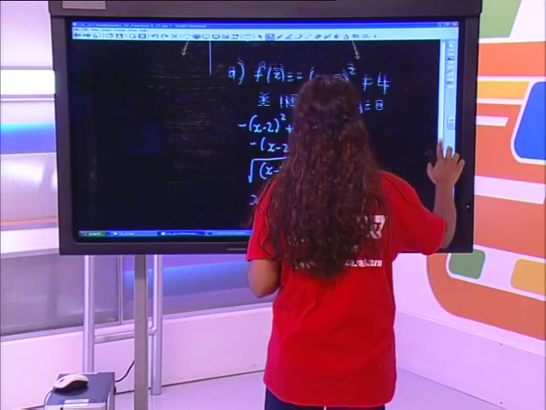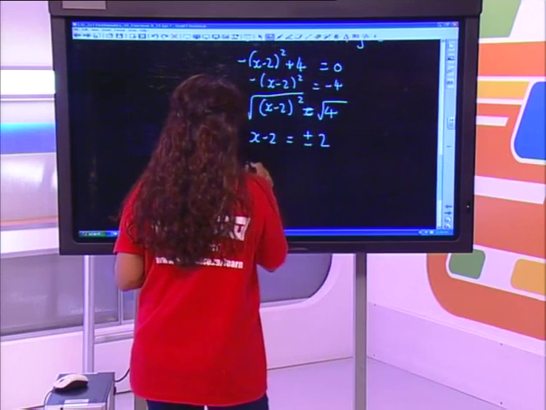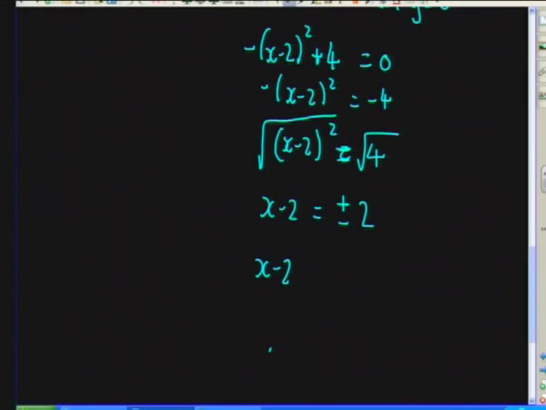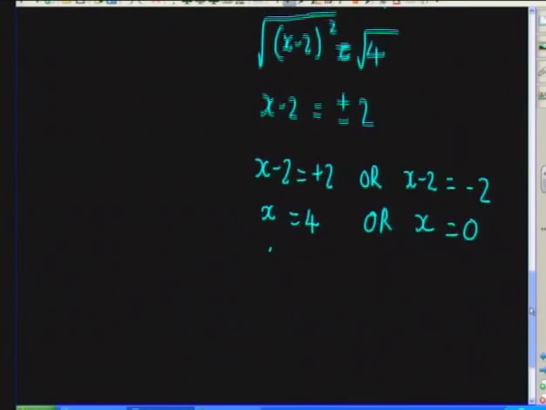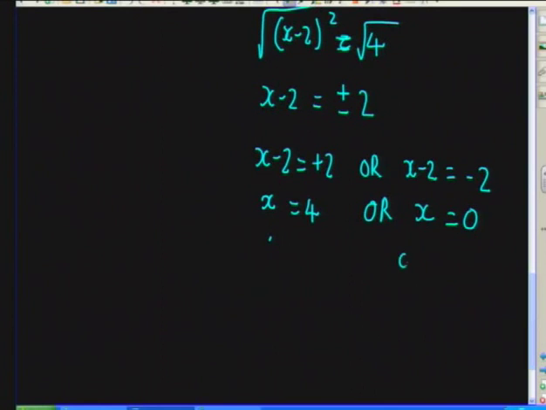So therefore, we'll have x minus 2 is equal to positive 2, or x minus 2 is equal to negative 2. All right, so the first one gives me x is equal to 4, and then the second equation gives me x is equal to 0, which makes sense because remember when I showed you the graph, one of the x-intercepts was at the origin, so it was the point (0, 0).